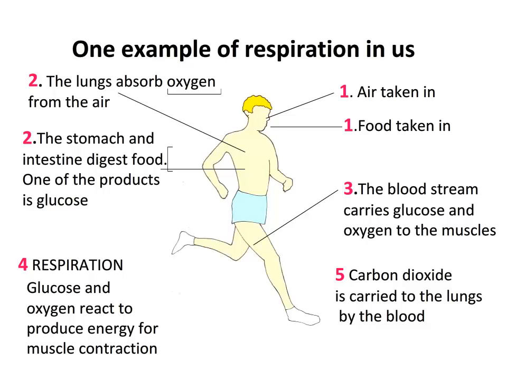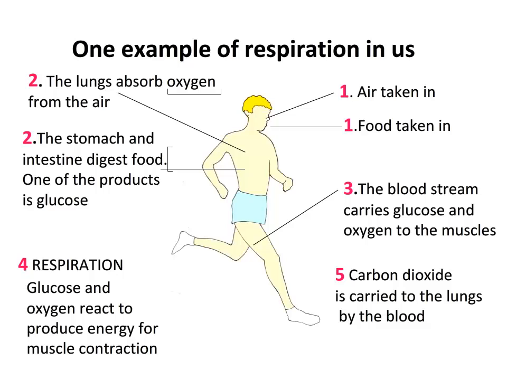Step 1 is about how air is taken in or inhaled and food is taken in through the mouth. Step 2, the lungs will absorb oxygen from the air and also the stomach and the intestine will digest food. One of the products is glucose or sugar, like we mentioned before. Number 3, the bloodstream now carries this glucose and oxygen to the muscles.